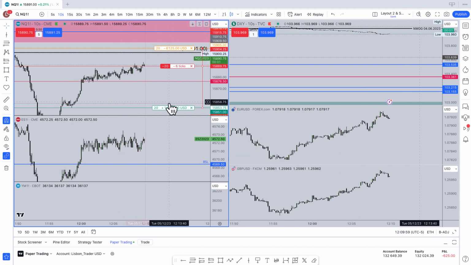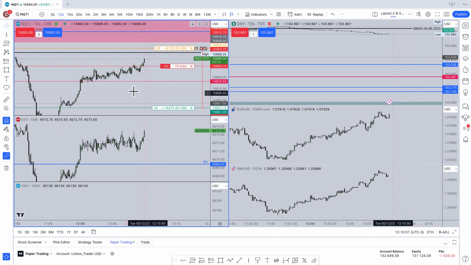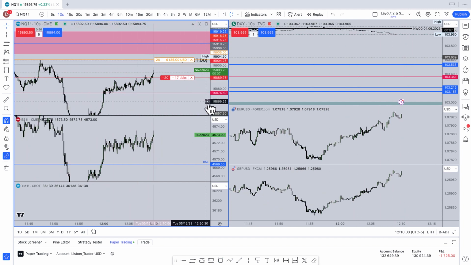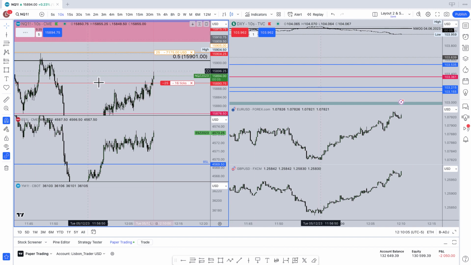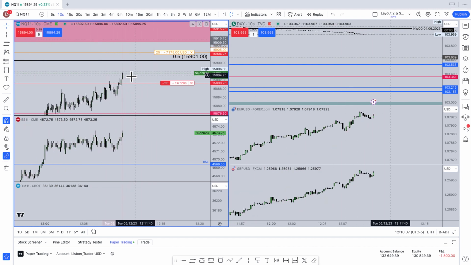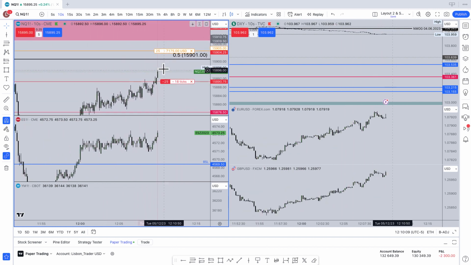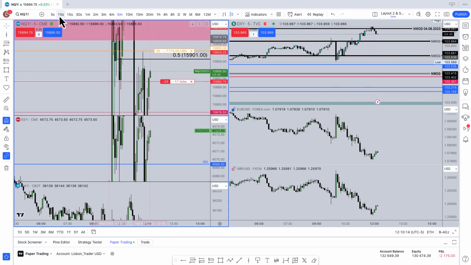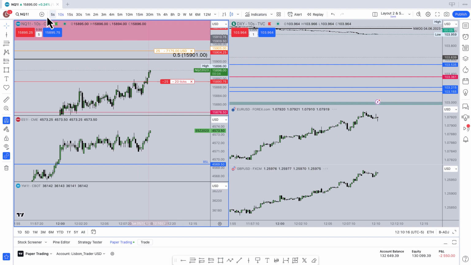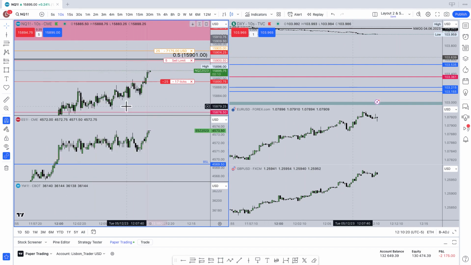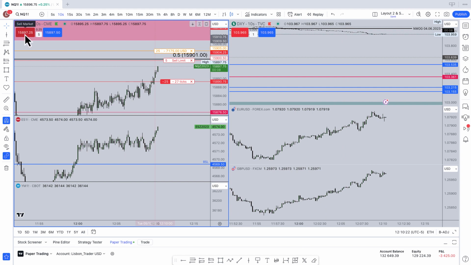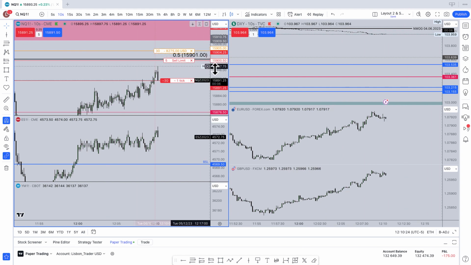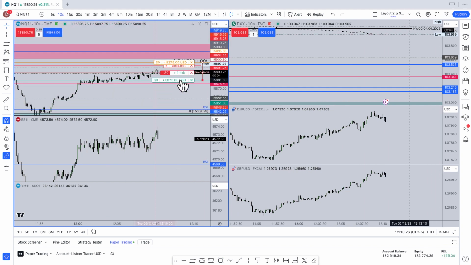It will snap lower. $12.10. So it's making a small Judas. Small Judas up to this level. And then go lower.